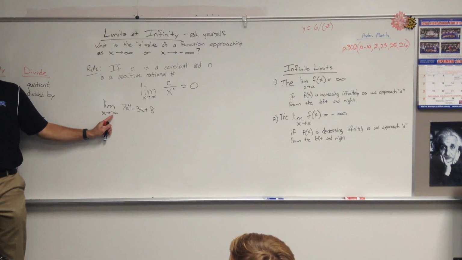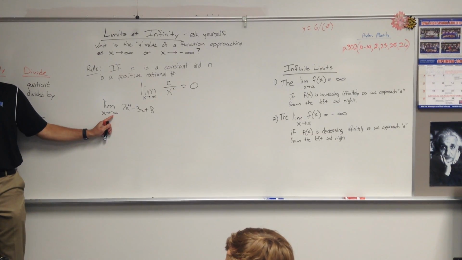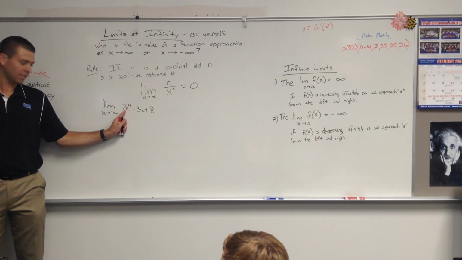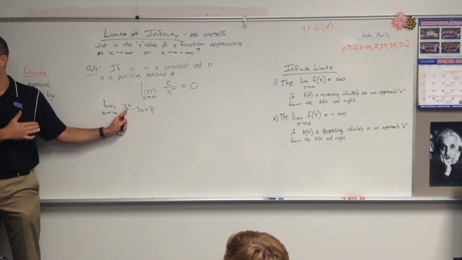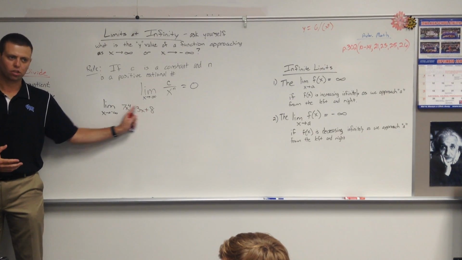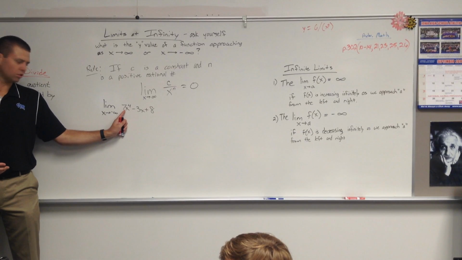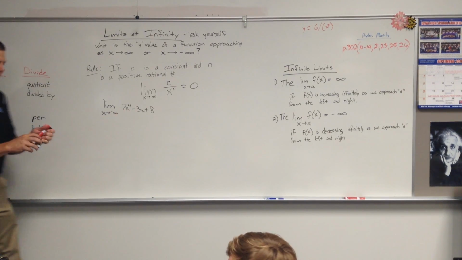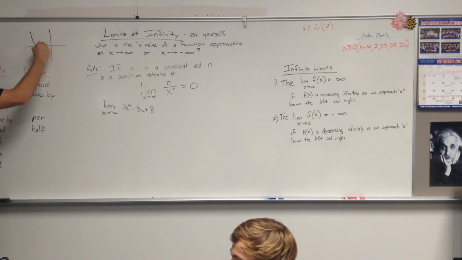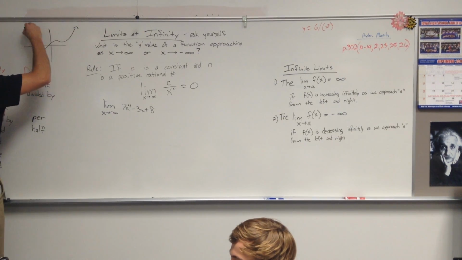Think about plugging in a very large negative number, negative 1 million. If you plug in negative 1 million, this becomes a huge positive number because a negative raised to the 4th power is positive. These terms back here really don't mean anything. They're so small compared to this one. So this is what determines it. Here's another way to think about it. Wouldn't this graph look something like this?